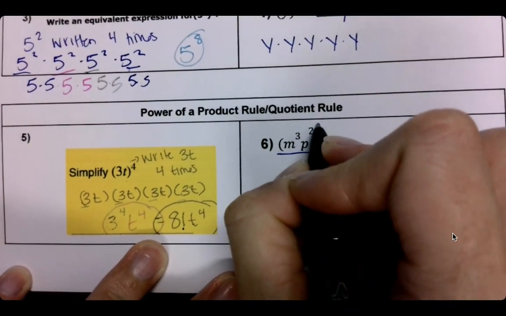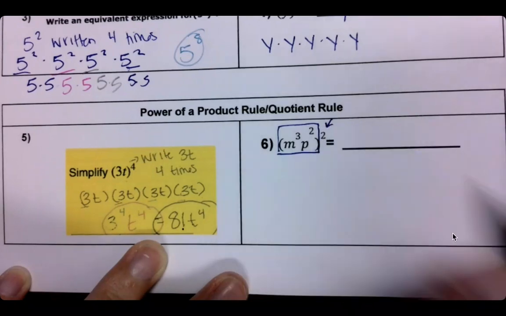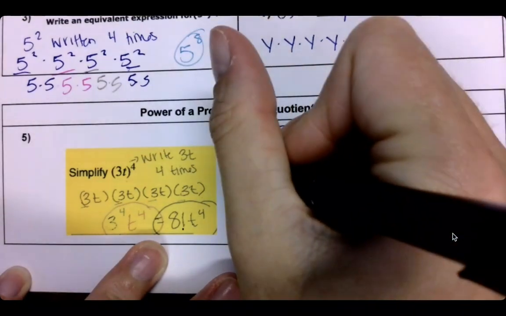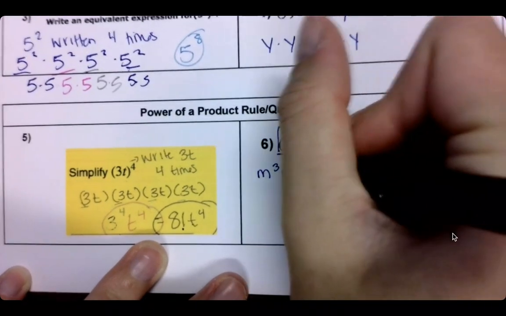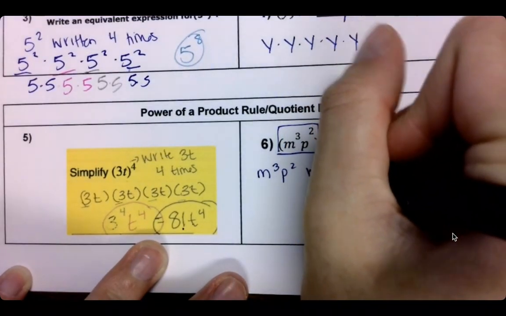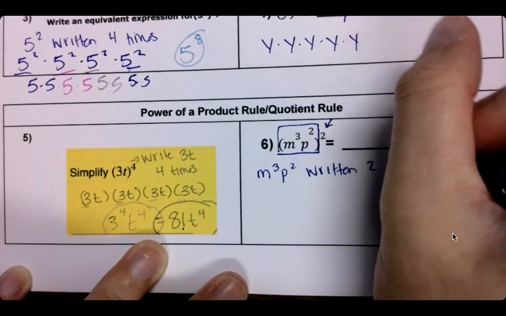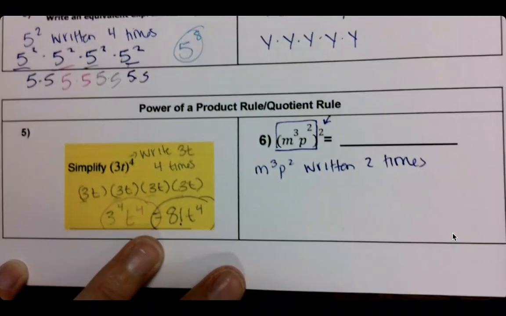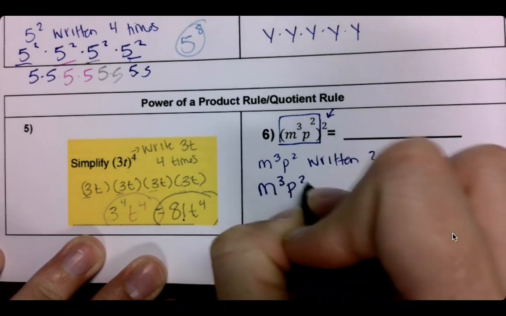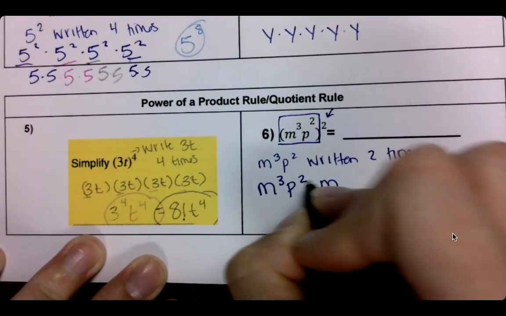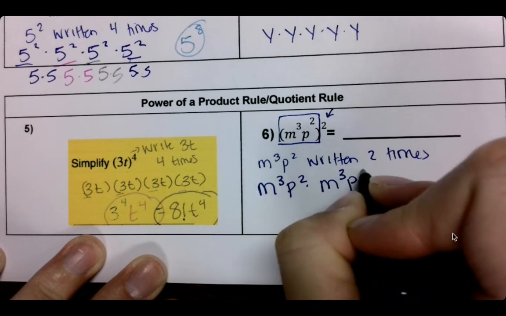So for this one, it's very similar to what we did up top. So this whole thing is written 2 times. So m to the 3rd, p to the 2nd is going to be written 2 times. Okay, so I'm going to write 1 and, oopsies, 2.